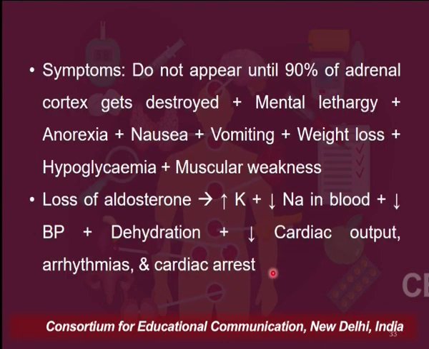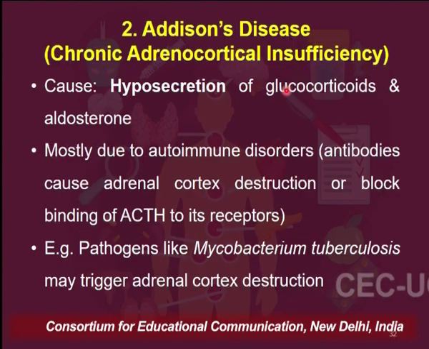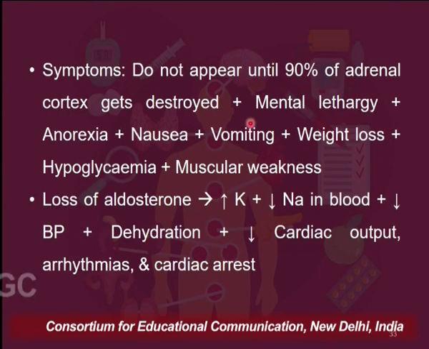So, what happens in Addison's disease? The first thing is that the symptoms generally do not appear until 90% of the adrenal cortex gets destroyed. But these patients, who would be having less of both glucocorticoid as well as mineralocorticoid, will show mental lethargy, anorexia, nausea, vomiting, weight loss, low sugar levels, hypoglycemia, and muscular weakness.